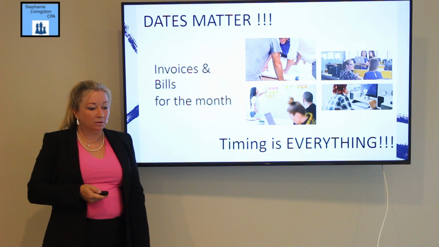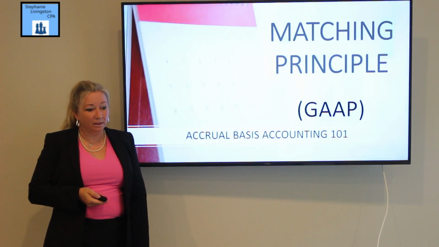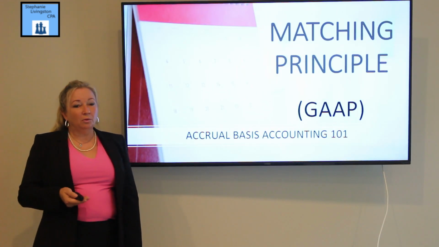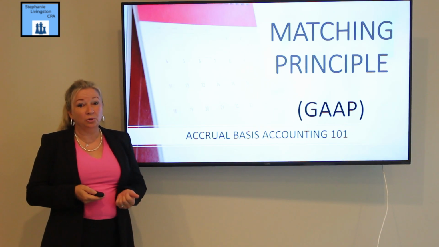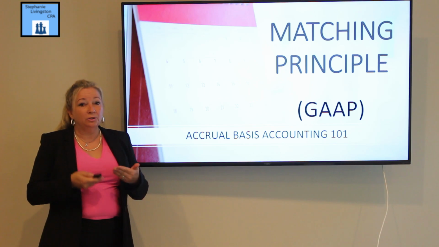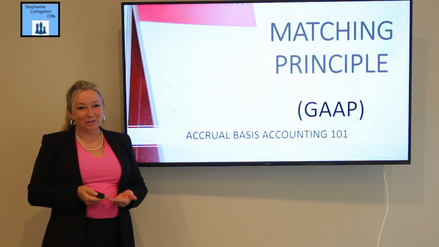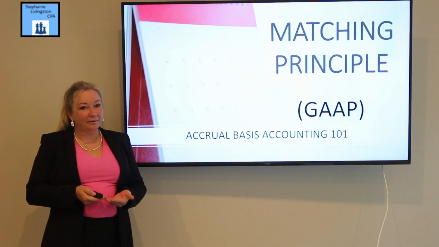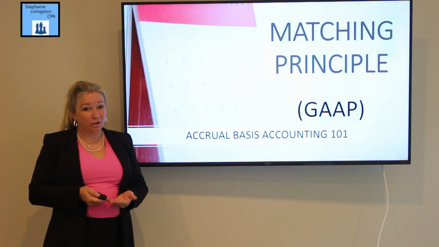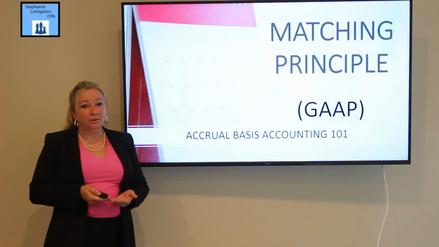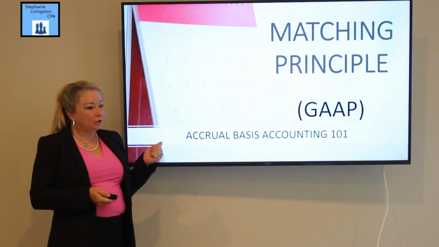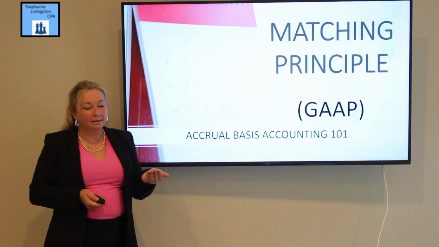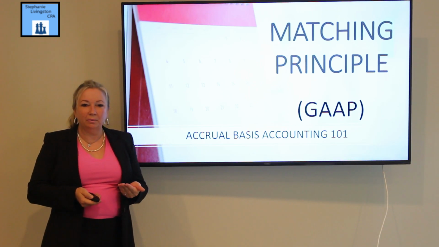So going back to closed periods in the matching principle, if you are the person in charge of posting activity to your software and you know your company performed a job, but yet you know you haven't received all the bills for that job, you can't close the period. You have to sometimes call someone and say, hey, we did a job, or we bought some plants, or whatever the case may be.